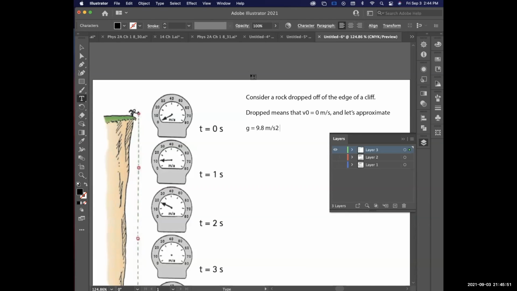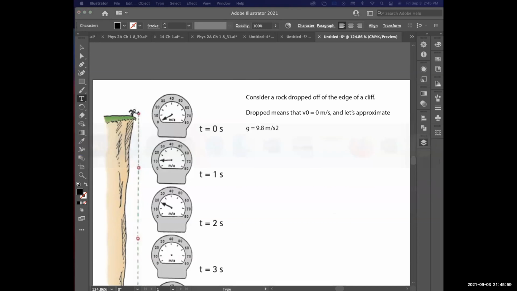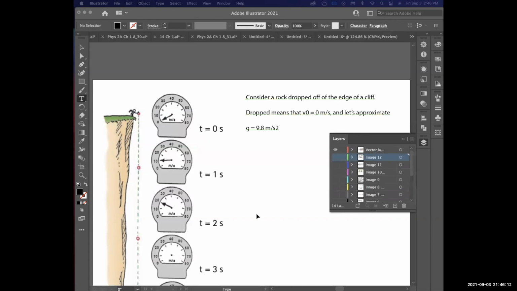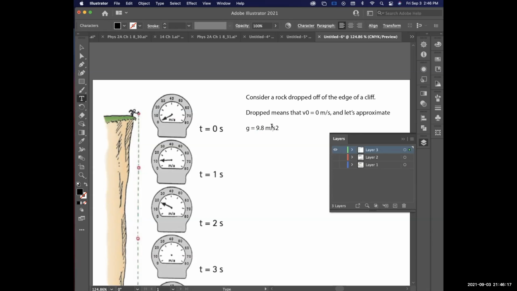Hold on one sec, let me find it. There we go. I don't know how to get it, but I got it there. Approximately equal to 10 meters per second squared.